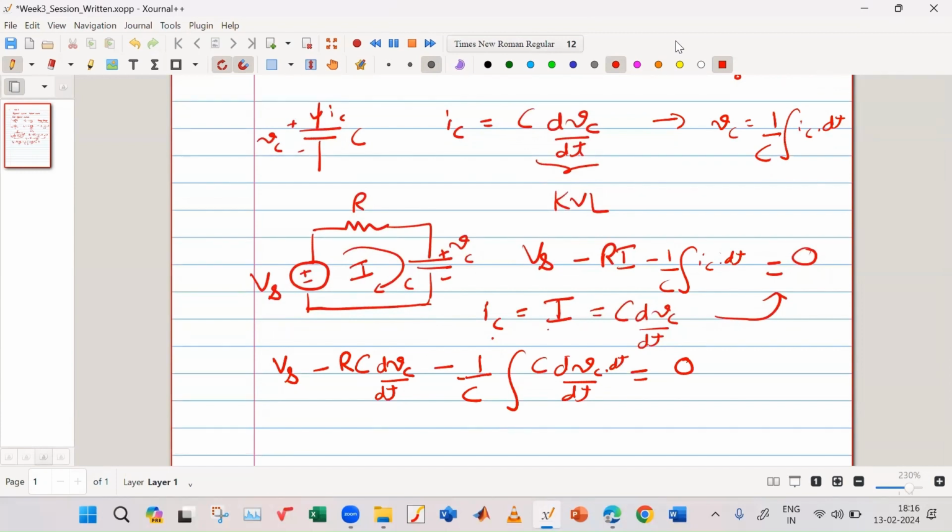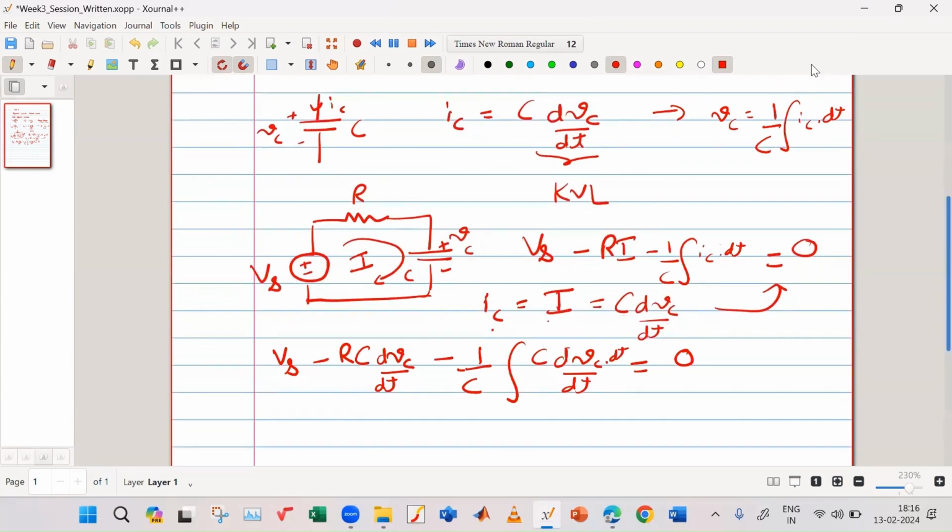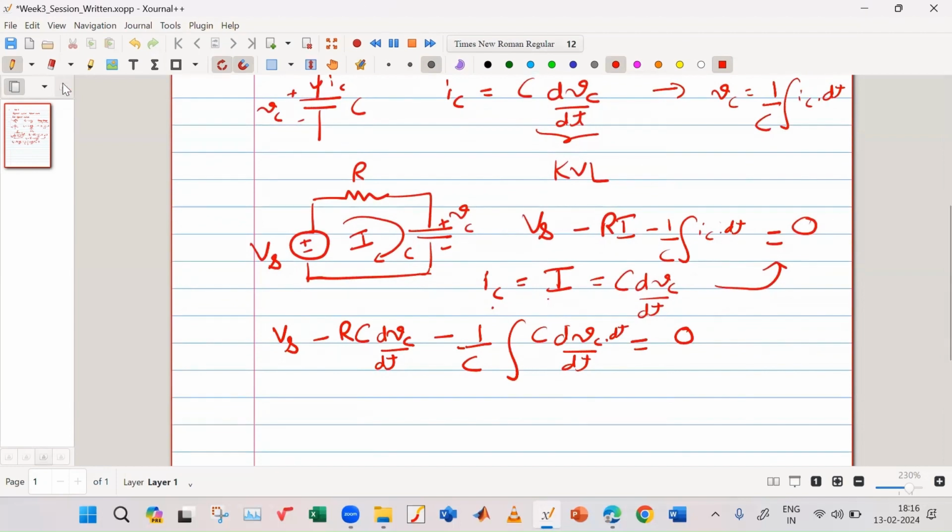Okay, so now I've got this. It's not written properly, one minute. Okay, move to this. So this into dt is equal to 0. How will I proceed? I will cut this and cut this. C and C also get cancelled.